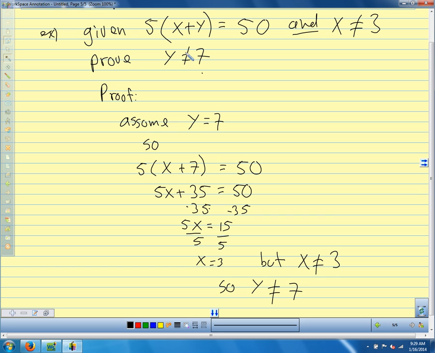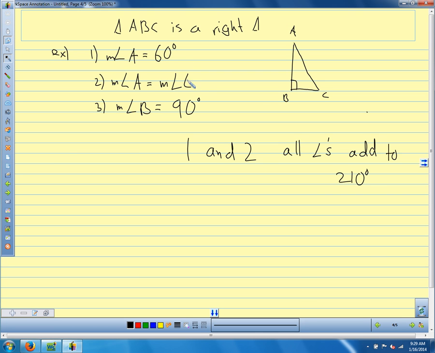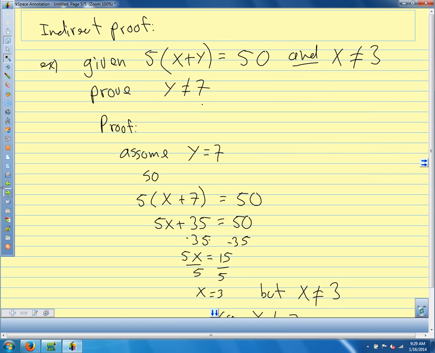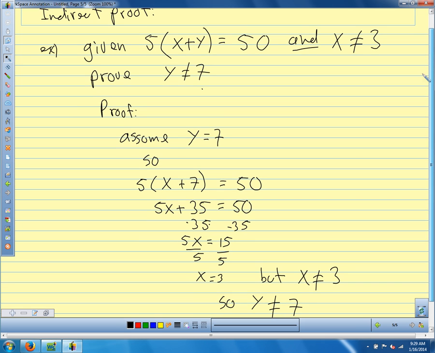Here we just have to do something that shows that we get a contradiction. Here we just solved the equation, and that gave us our contradiction. Back here, our contradiction was if these two angles are equal, then all of our angles in our triangle add up to more than 180. So that's not too hard of a contradiction to find. All right. So there's our indirect proof. Questions?